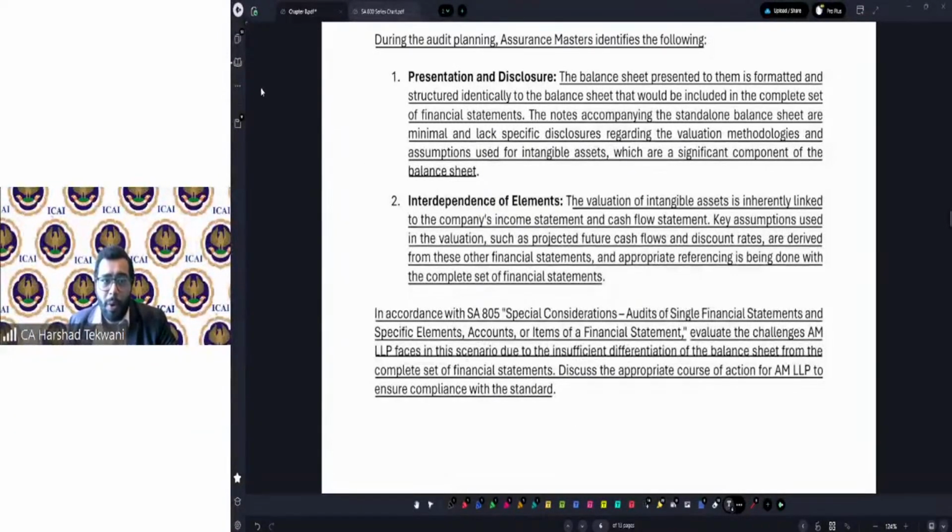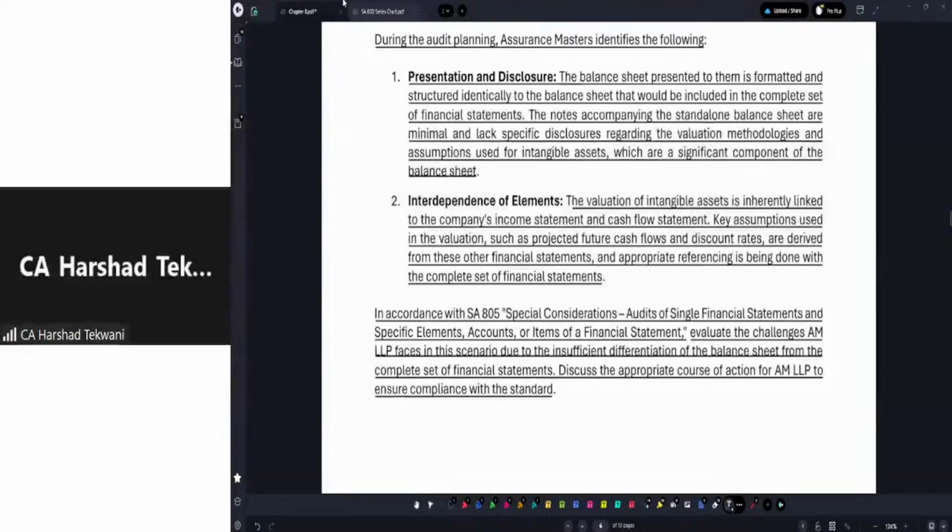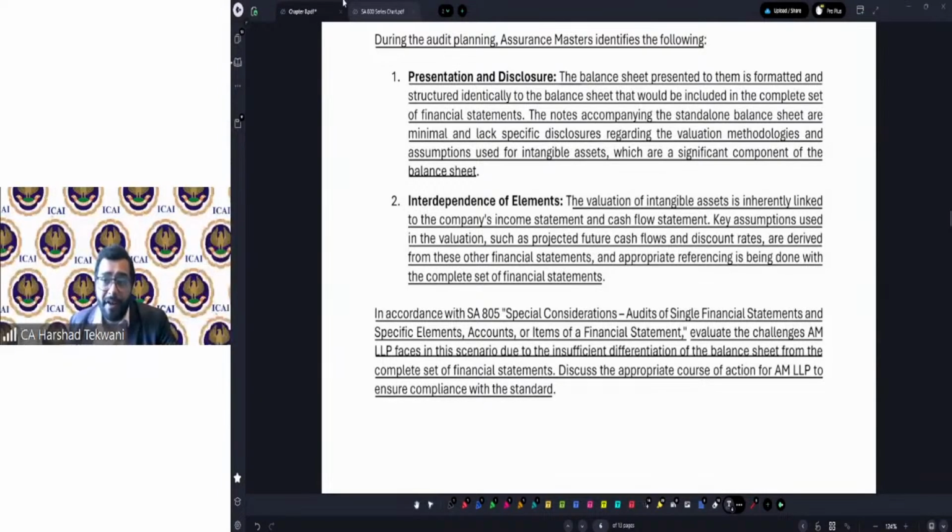So there is one part which talks about presentation and disclosure. Are you with me? That presentation and disclosure, they are saying that, okay, the balance sheet is similar to the one prepared as per the complete set of financial statements. However, that lacks the relevant disclosures.